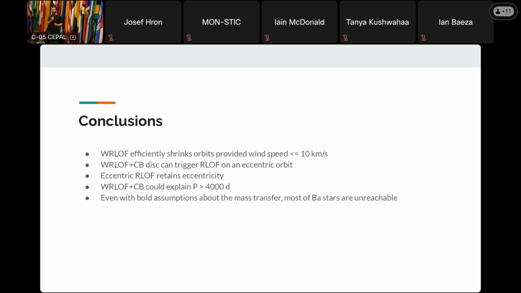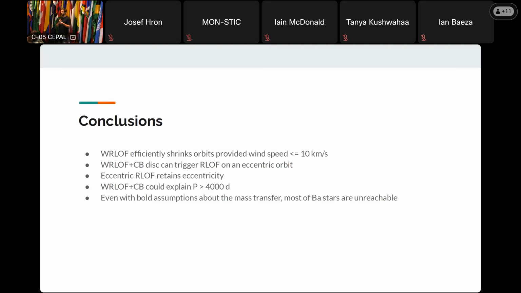Okay, so this brings me to my conclusions, which is that wind Roche lobe overflow can efficiently shrink the orbits. If you also include a circumbinary disk, this can open the pathway to a new mechanism, which is the eccentric Roche lobe overflow. There is also a lot of very interesting stuff that happens there. But basically, we can still retain some eccentricity.